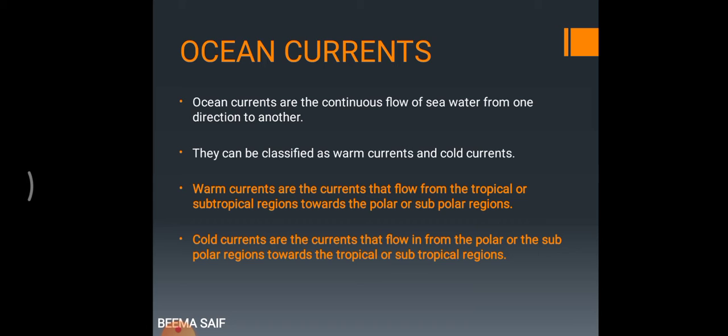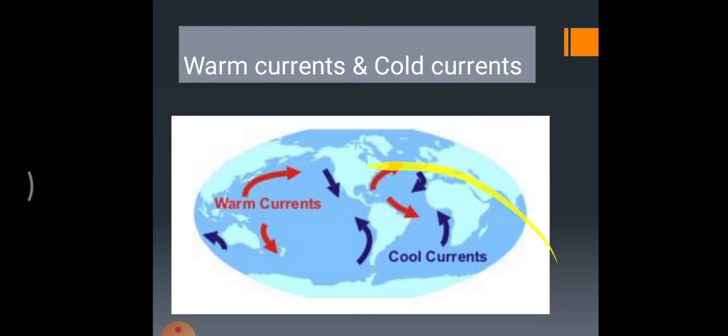To give you a better understanding of warm currents and cold currents, I'm going to show you a map of warm currents and cold currents. In this map, the red arrow represents warm currents and the blue arrow represents cold currents.